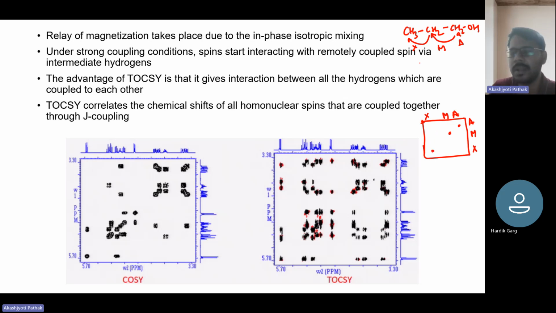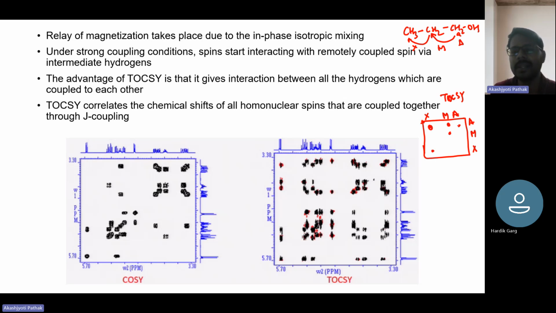So what cross peaks will you observe if you take a TOCSY spectrum? One cross peak will be obtained over here, right? Because A is coupled to M, and you will also obtain a cross peak over here because of this relay of magnetization.